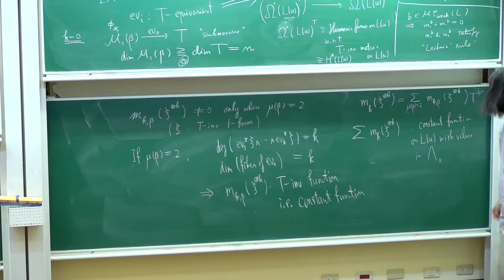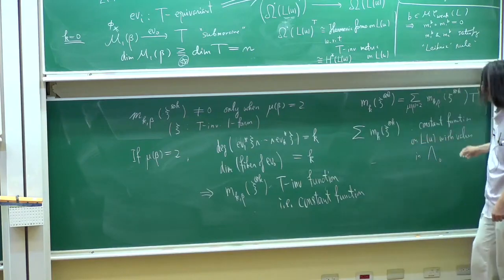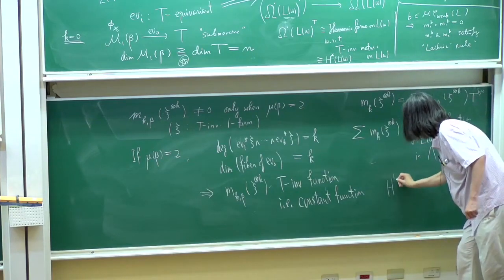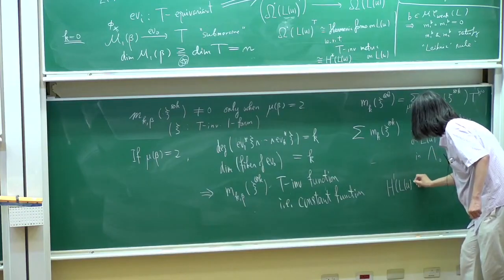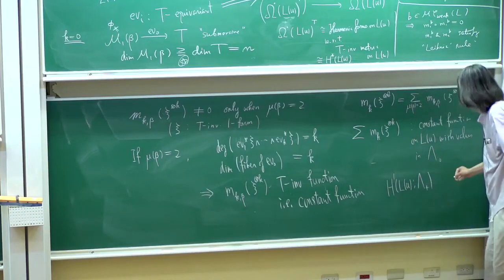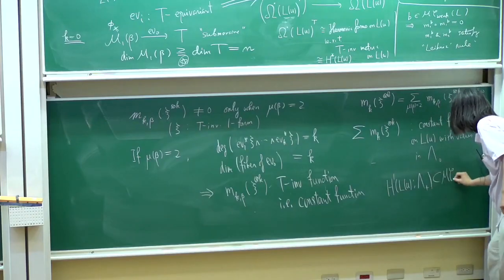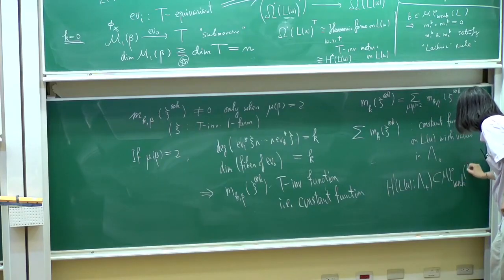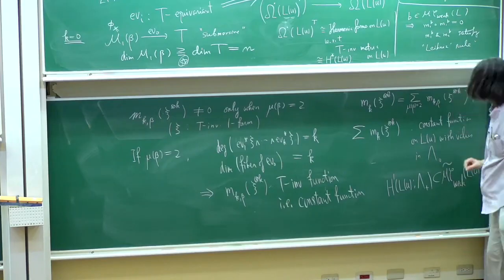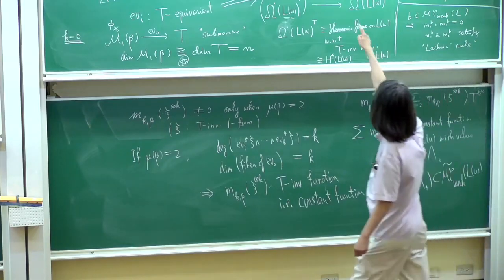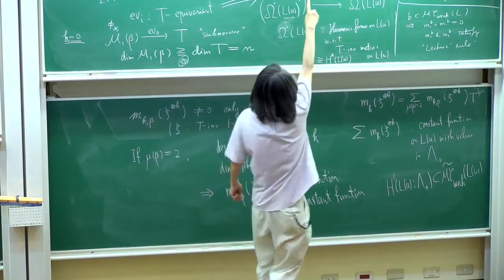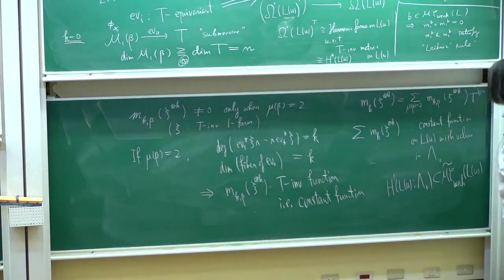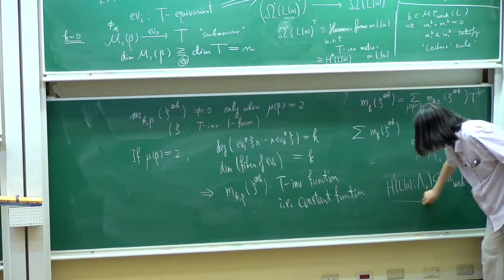Okay? So actually lambda plus. But anyway, so therefore, yeah, this one is proportional to the unit. So therefore, any H1 of LU, this lambda plus, in fact contains this MC weak, maybe Q. Okay, so this is the conclusion. Half of the conclusion here. So still I need to consider the constant part, but this is mostly it.